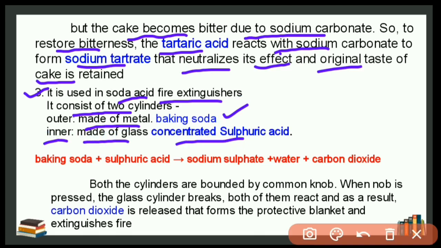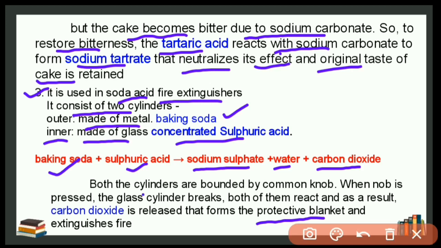When we open the knob, this chemical reaction occurs. Baking soda plus sulfuric acid gives sodium sulfate, water, and carbon dioxide, and this carbon dioxide forms a protective blanket over the fire and cuts off the oxygen supply, and in this way we can stop the fire.